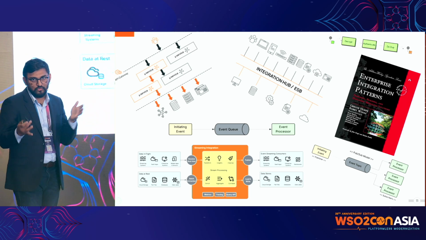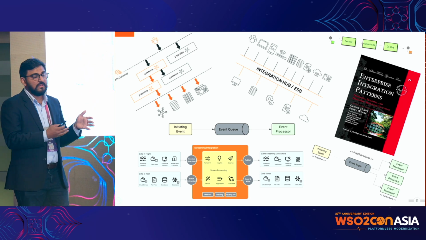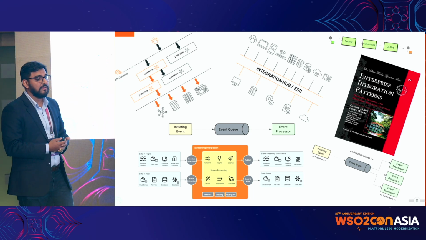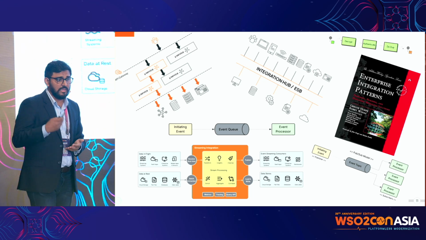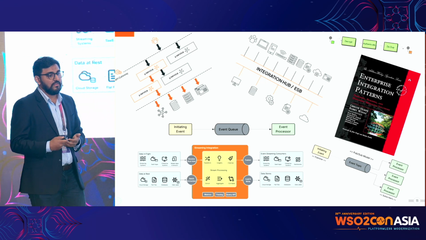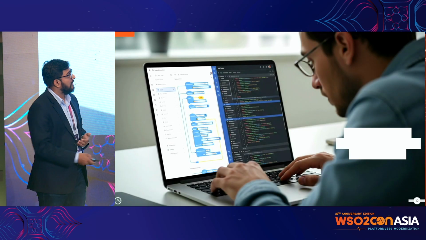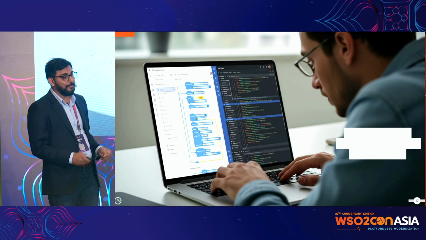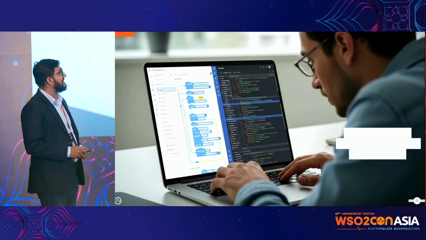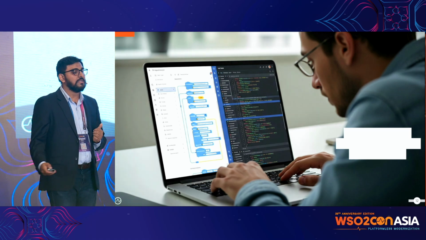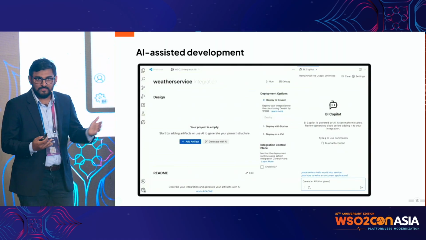And WSO2 Integrator has all the functionality that is listed here for you to get that modernization journey going in your enterprises. So, for example, what was there is basically low code, pro code, AI assisted development. WSO2 has that right now.